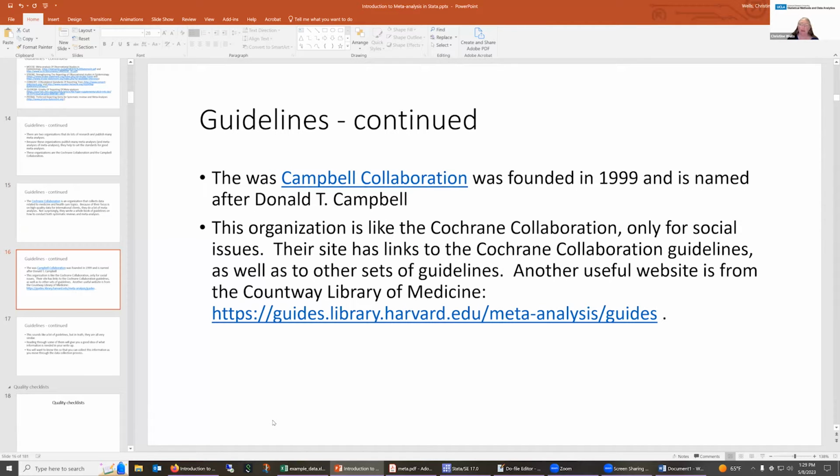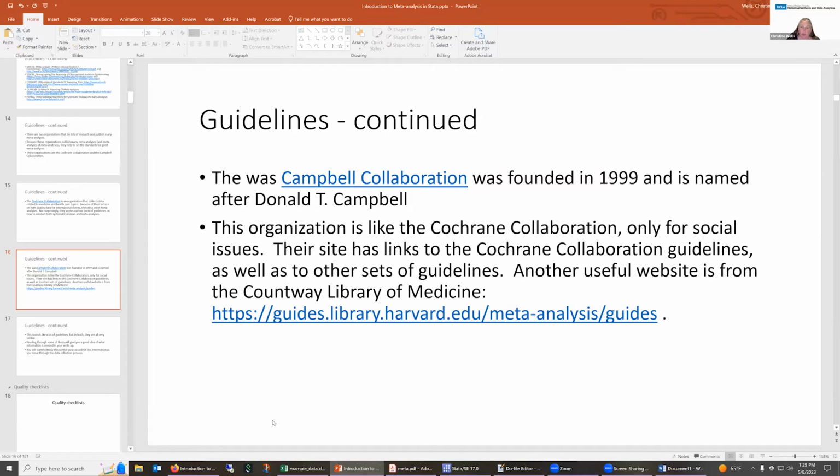The Campbell Collaboration was founded in 1999 and it is actually named after Donald T. Campbell. If you're in the social sciences, especially in psych, that name will sound familiar to you. Yes, it is the Cook and Campbell, that Campbell there.